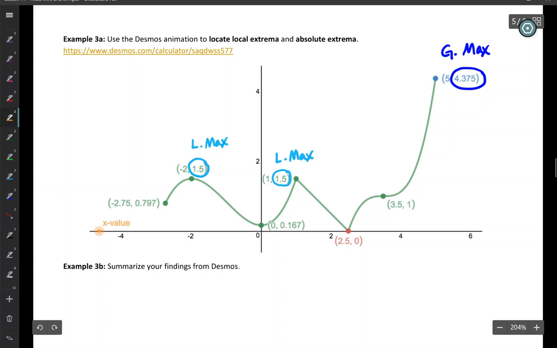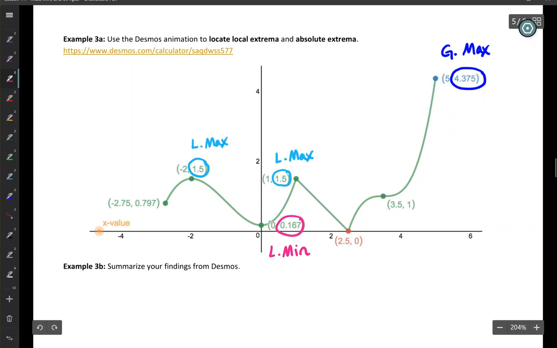For local mins, I see right here I got a little bit of a valley. That's a local minimum. Similarly, right here, I've got a bit of a valley, but it's a steep cavern.